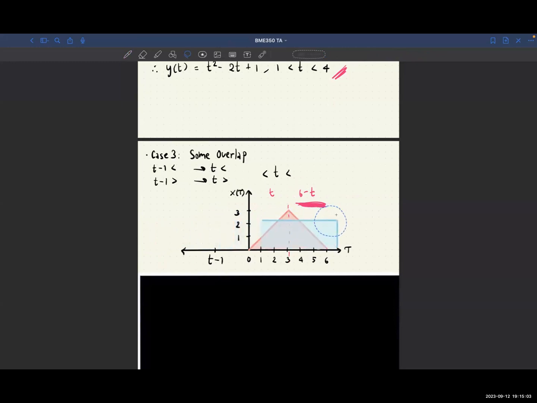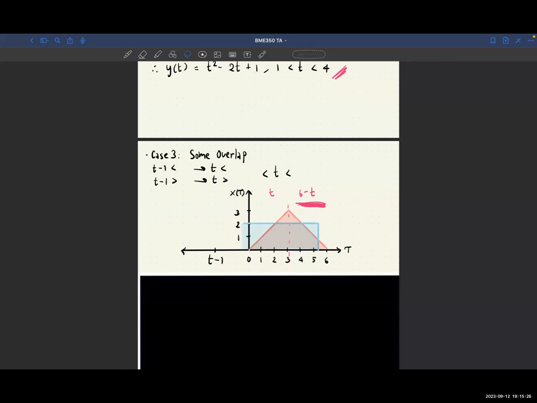But I'm going to stop here just before 6. And why is that so? Because if I move it past 6, it's going to be a full overlap scenario, and I don't want that. I just want it to still be a partial overlap case.